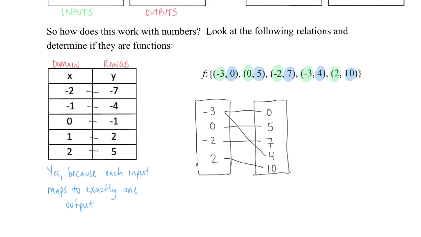It has 0 and it also has 4. That's not a function. No. This is not a function because some inputs have more than one output.